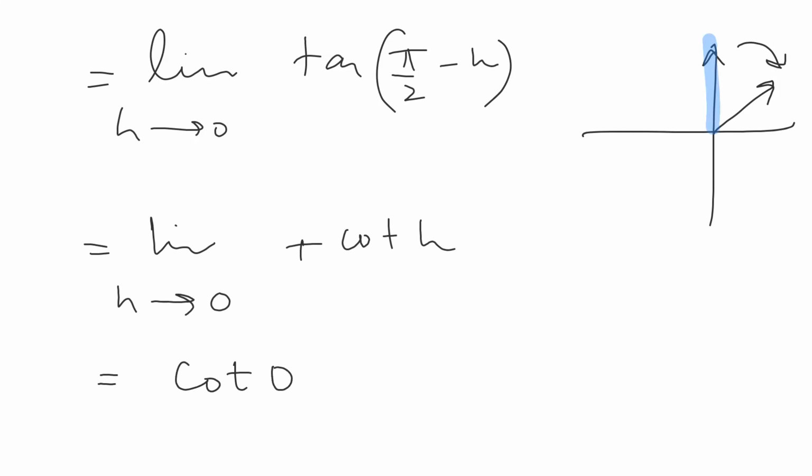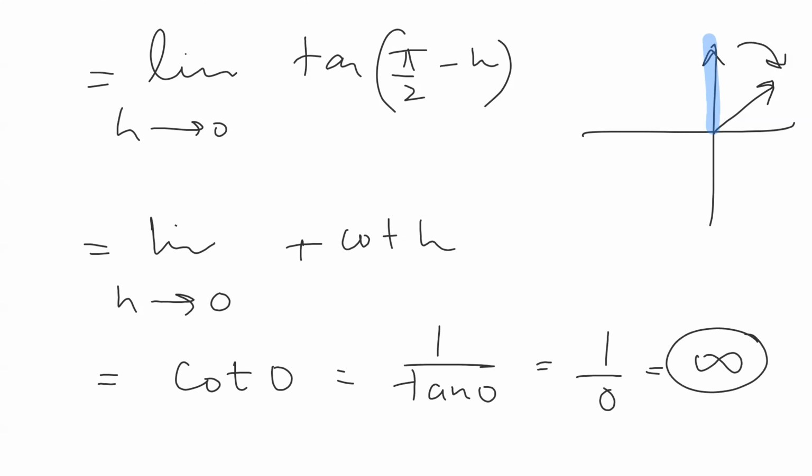Now see, cot 0 is 1 upon tan 0. Tan 0 is 0, so this is not defined. So the left hand side limit is not defined, which clearly tells us that the limit does not exist.